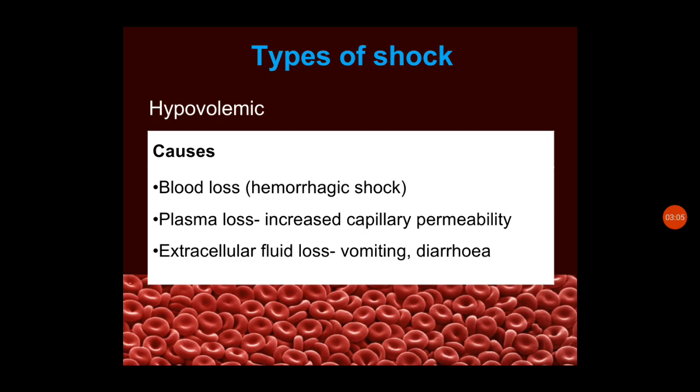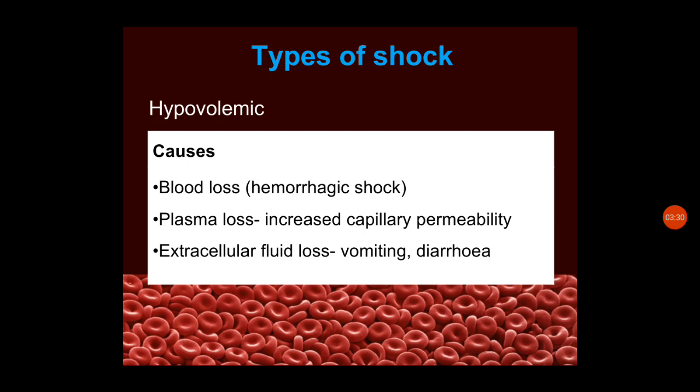Another reason in hypovolemic shock is extracellular fluid loss. In gastrointestinal disturbances or diseases, you might have learned about vomiting and diarrhea. In all these situations, the child is losing extracellular fluid, and that also leads to hypovolemic shock.